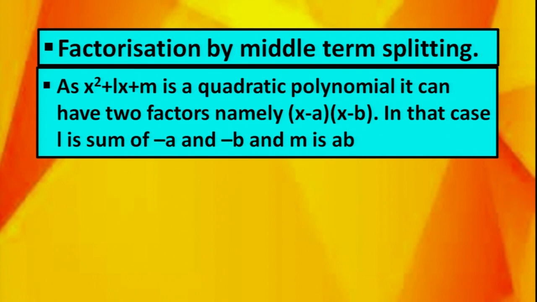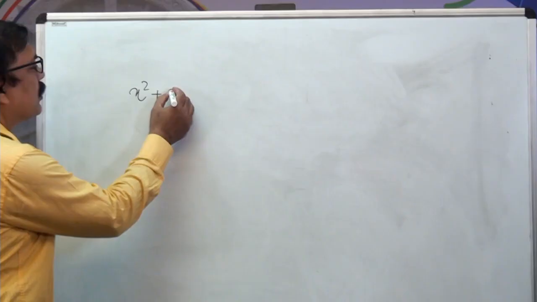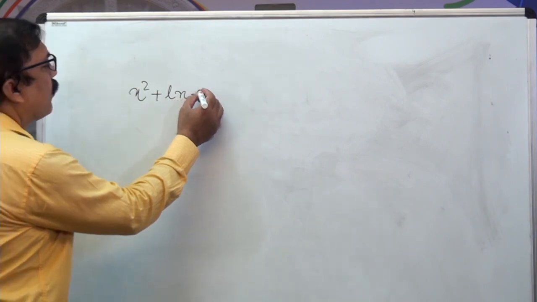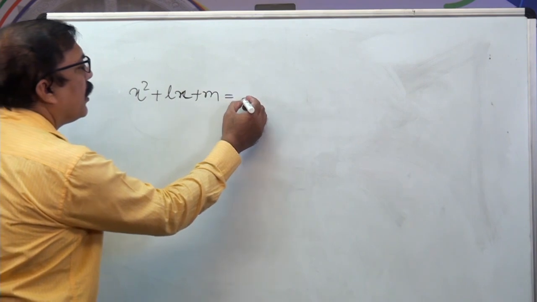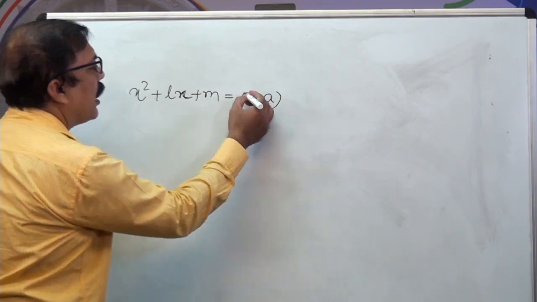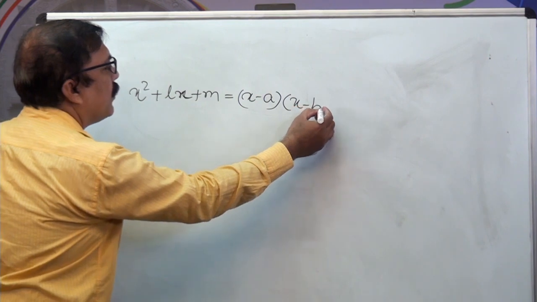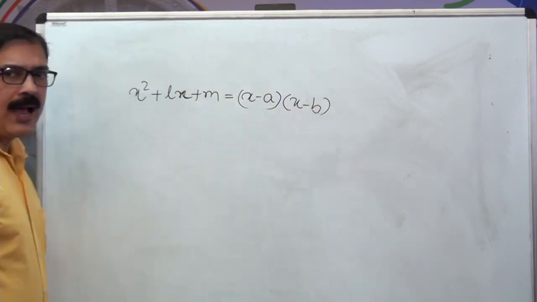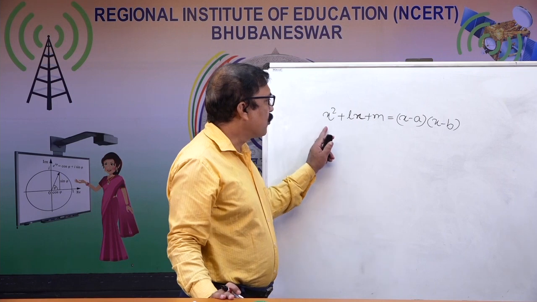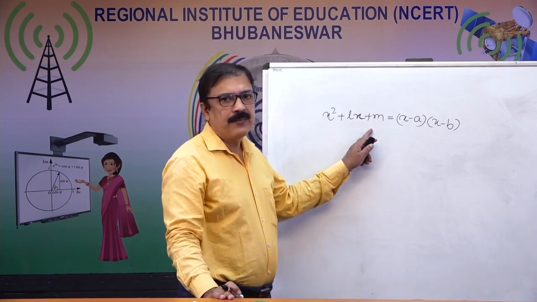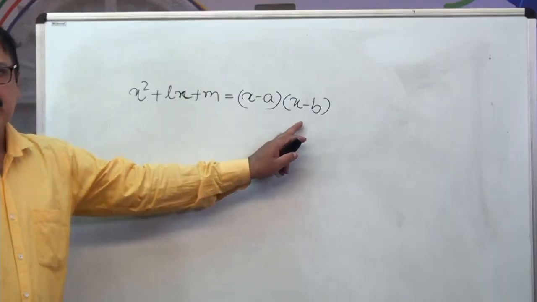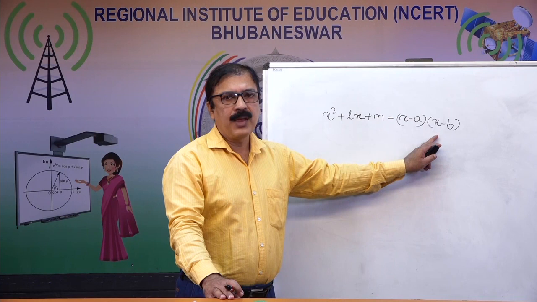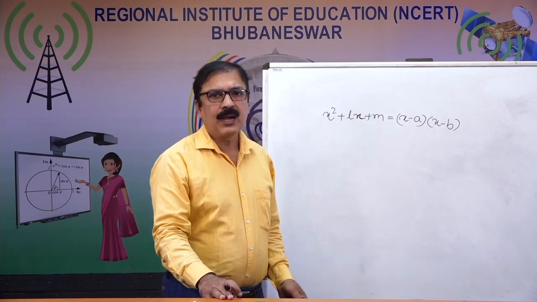How does this happen? See, x square plus lx plus m, let it be equal to x minus a into x minus b. Let these two be the factors of x square plus lx plus m. Why these two polynomials? Here we have two linear polynomials, and the product of two linear polynomials always gives a quadratic polynomial.